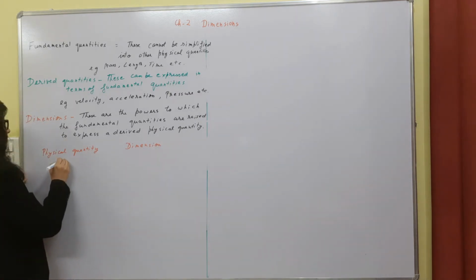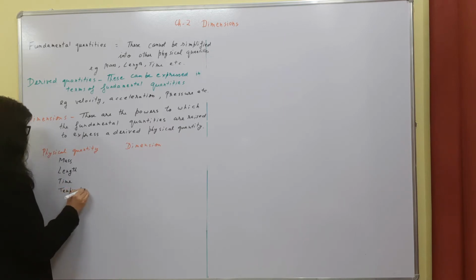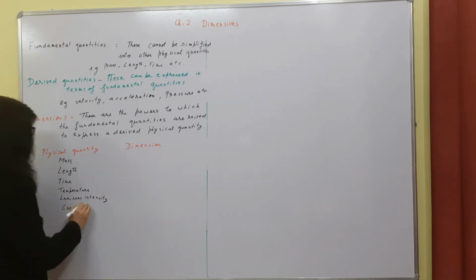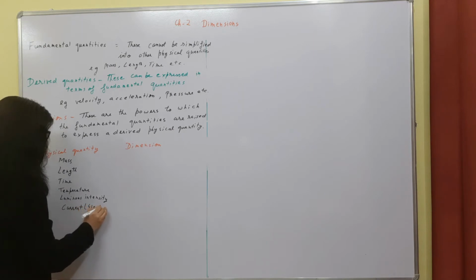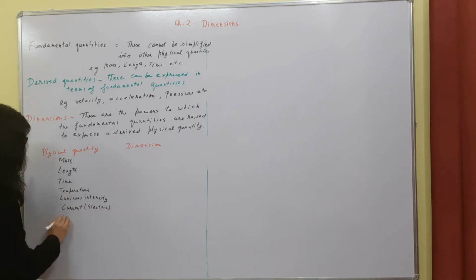This is mass, length, time, temperature, luminous intensity, current, electric current, and then amount of substance.